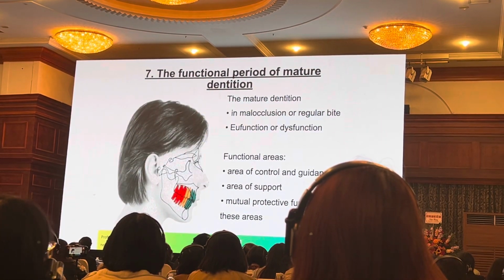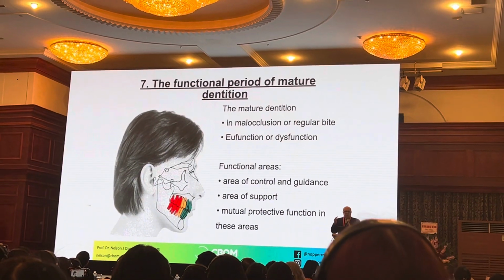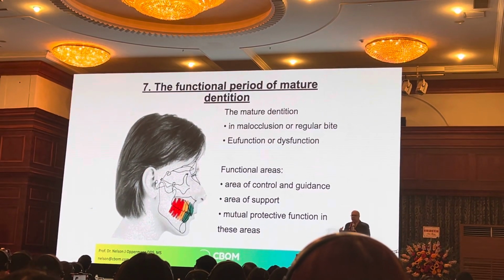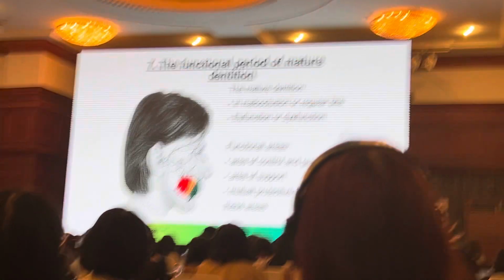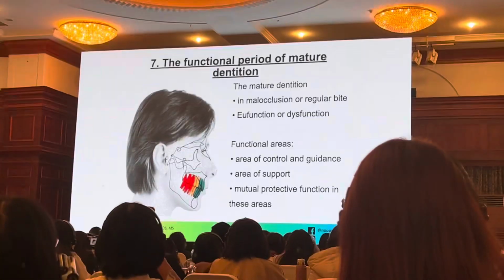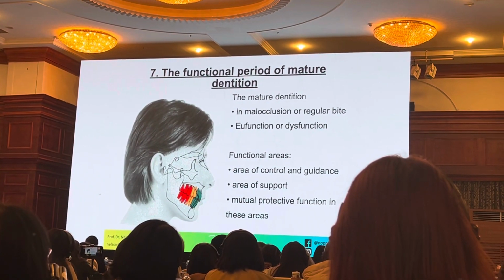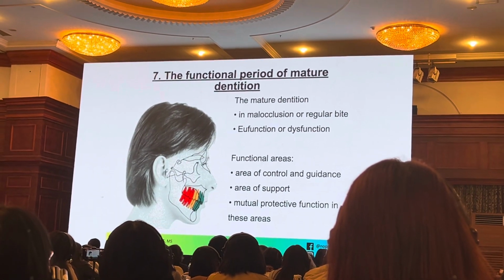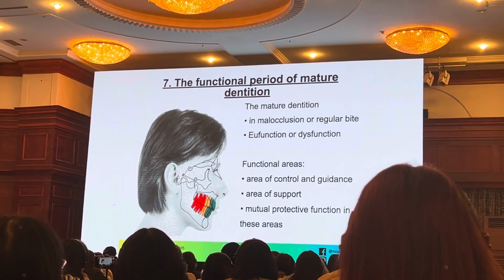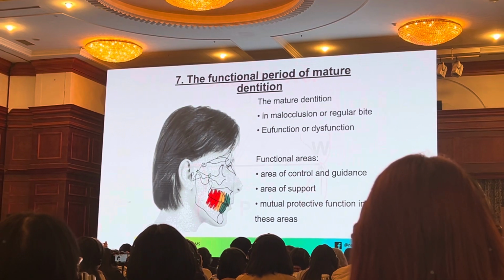So here, at the end, what do we have? We have 3 areas of function. The red area, the posterior area, is supportive to the joint. Okay? The orange area, the bicuspids, is supportive for the mandible rotation, and the green area is the guidance of rotation in protrusion and sideways. Okay? So we have these 3 very clear areas in our system.